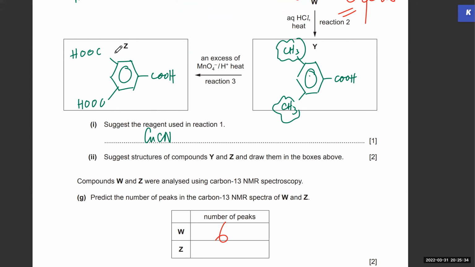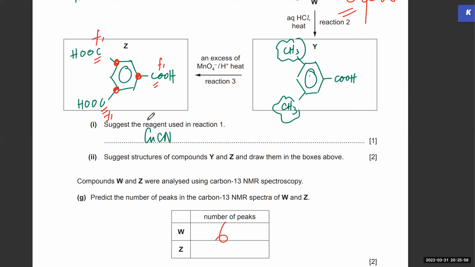Now the other one. What about these carbons? Are they the same environment or different environments? Same. So let's say that's frequency F1. They're all going to resonate at frequency F1. So what about this carbon atom, this carbon atom, this carbon atom? Are they in the same environment or different?